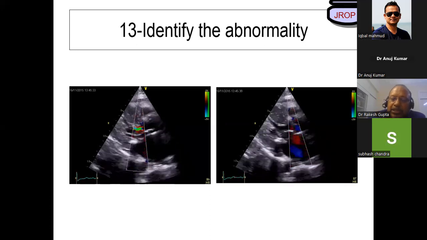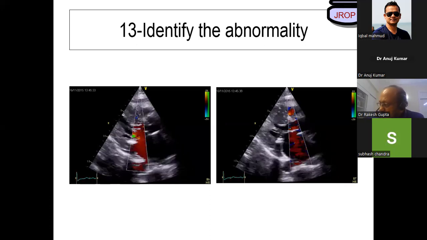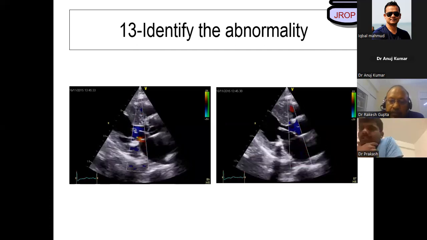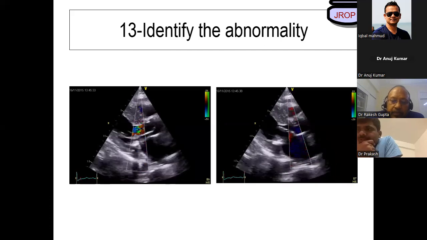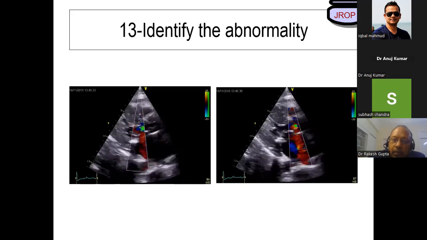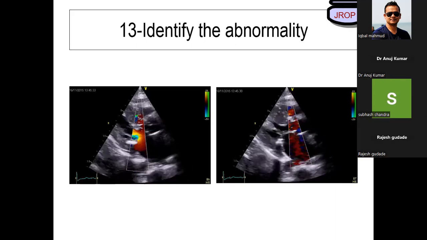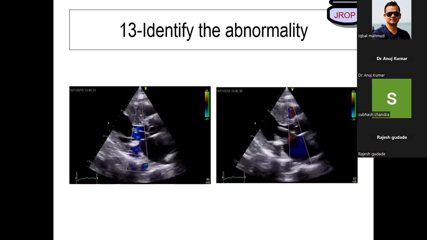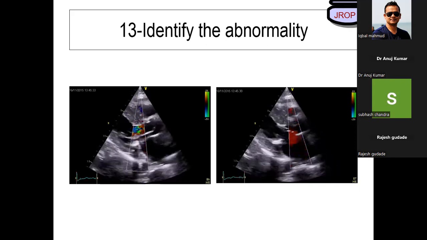Tell me, Prakash, what is the abnormality in this patient? Sir, there is a hypertrophy. Hypertrophy of what? Left ventricular hypertrophy is there, sir. What else?